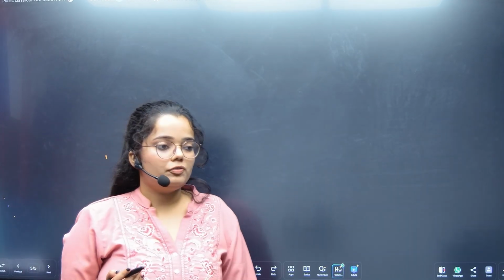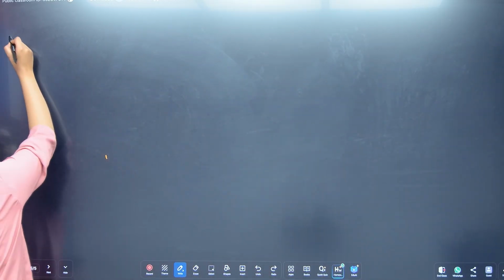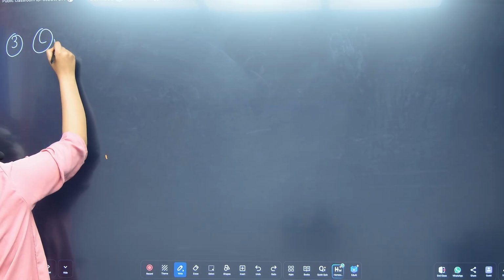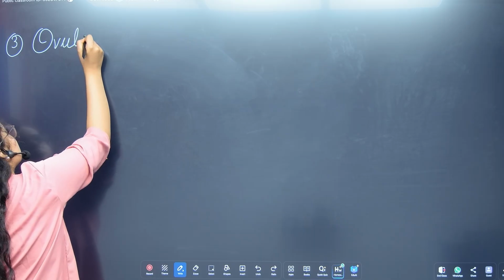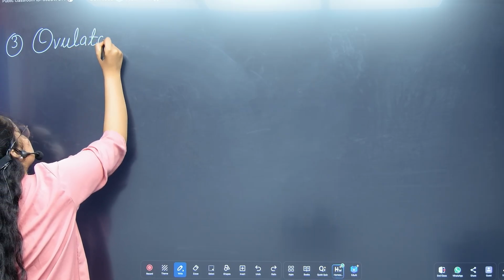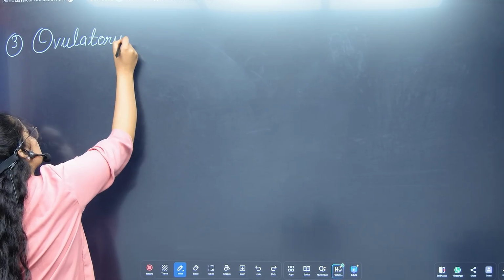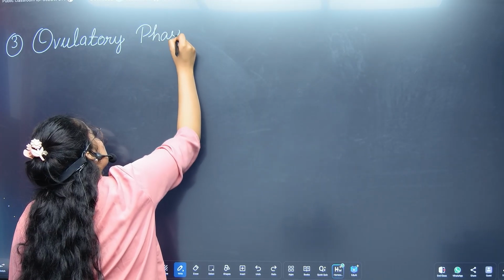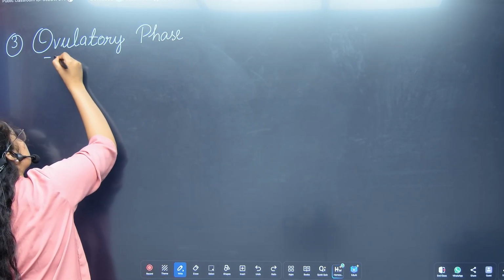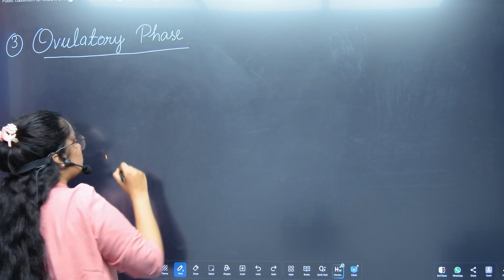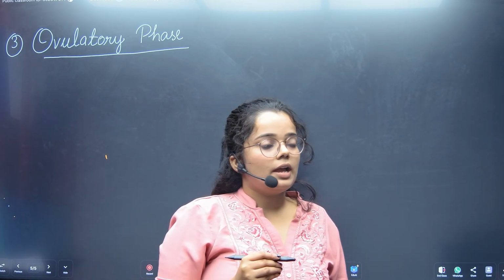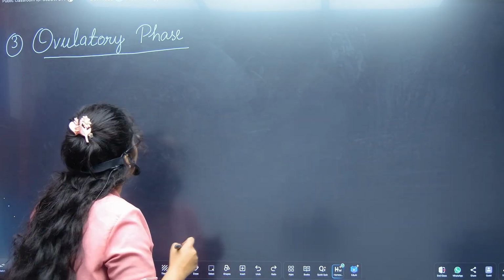Here, after the proliferative phase, there is the ovulatory phase. This ovulatory phase occurs at the end of the proliferative phase.